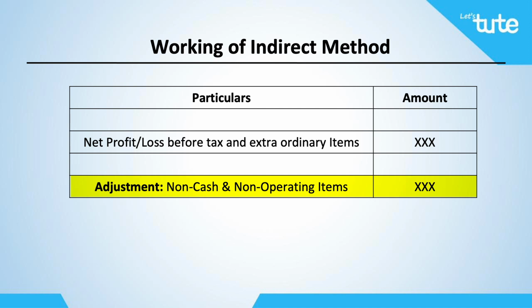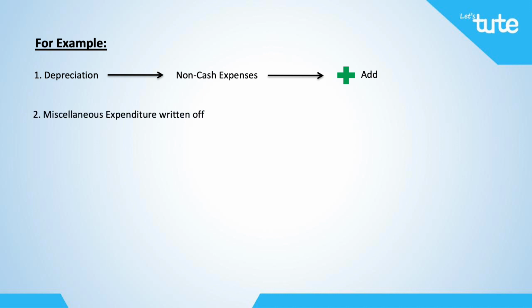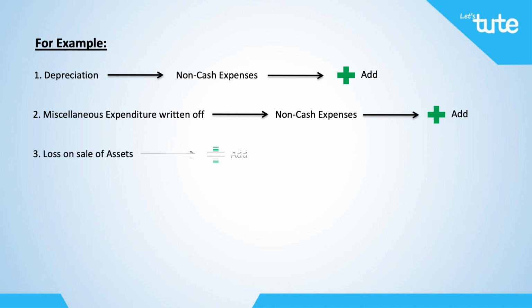So we need to add back non-cash expenses and deduct non-cash income. For example, depreciation is a non-cash expense, so we will add this back. Miscellaneous expenditure written off or goodwill written off are also examples of non-cash expenses, so we will add them back. A loss on the sale of an asset will be added, and a profit on the sale of an asset will be deducted.